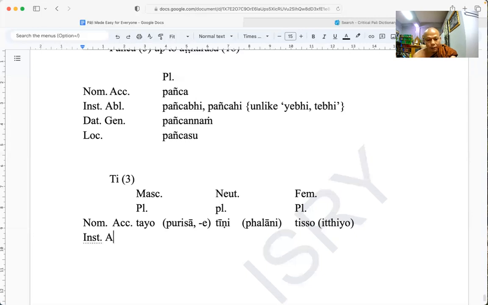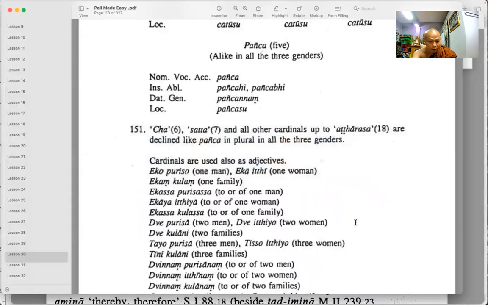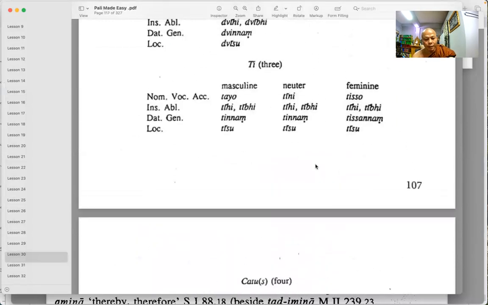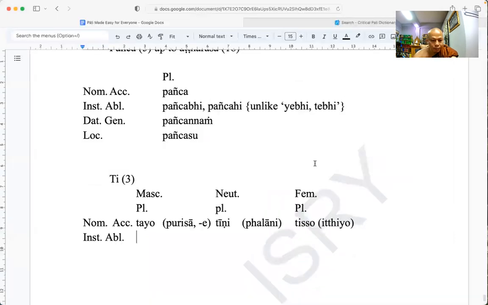And then instrumental and ablative, the same. So DB and D heat. So neuter also DB, D heat.